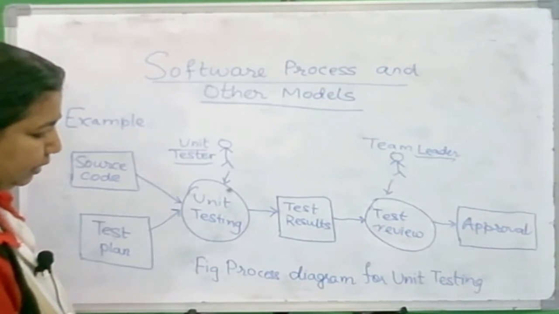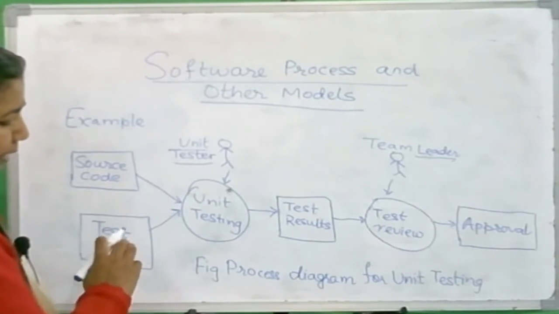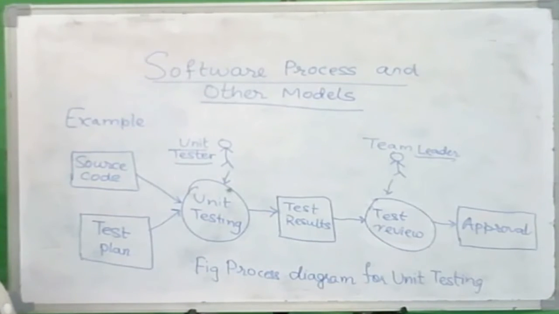The unit tester uses the source code and the test plan to accomplish the unit testing. The result of this activity is an artifact, the test result. So this is represented in the form of a rectangle.